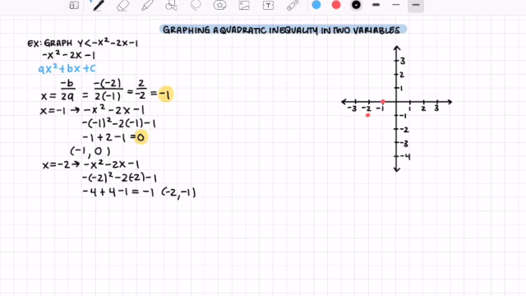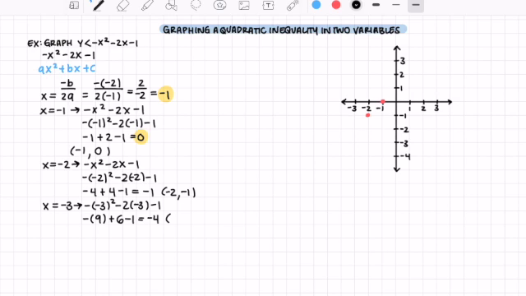Next one that I'm going to be plotting out is x equaling negative 3. From here, I get negative 3 squared minus 2 times negative 3 minus 1. That gives me negative 9 plus 6 minus 1, and that equals negative 4.